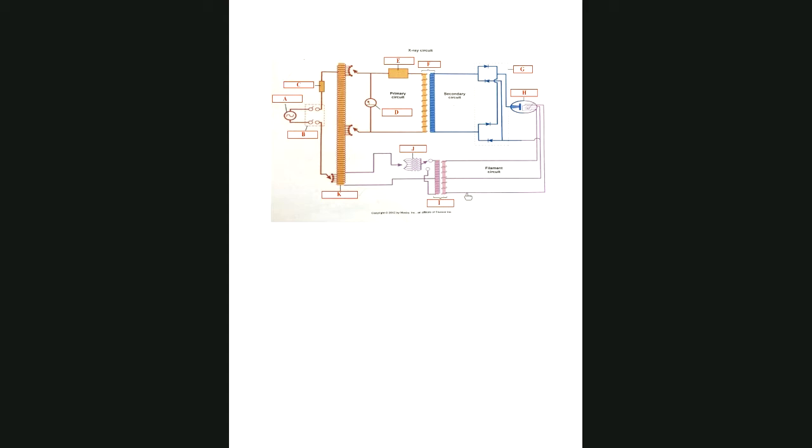When we talk about Ohm's law, voltage is the product of current and resistance. Only so many electrons can flow at any given time based on the diameter of the wire and stuff like that.